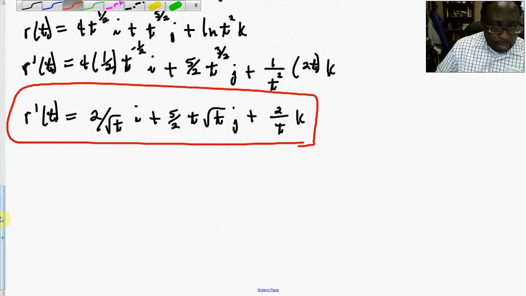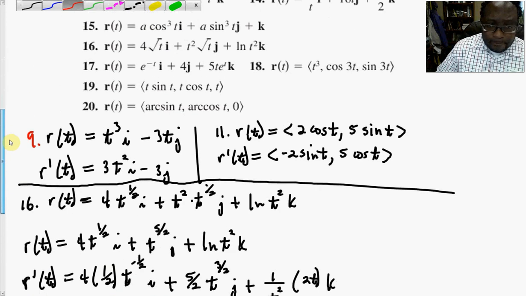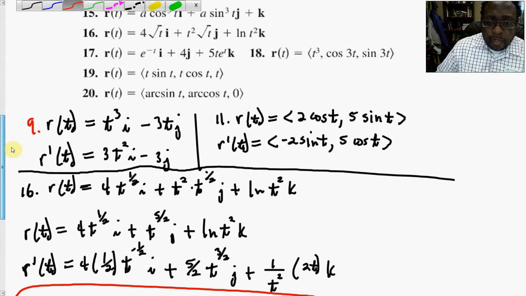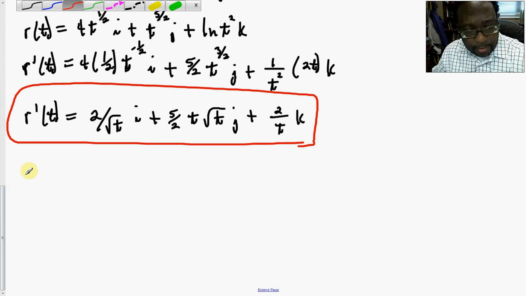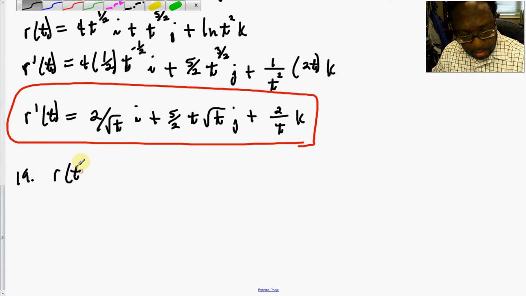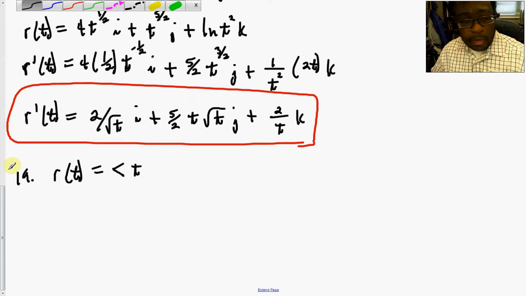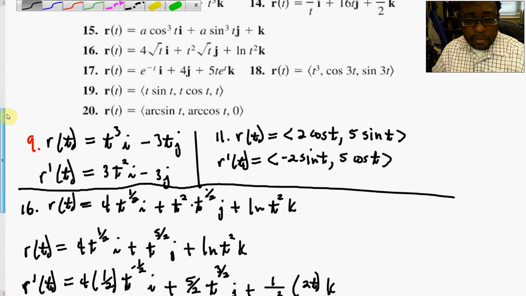Let's see what else we have. What about 19? It's t sine t, comma, t cosine t, comma, t.